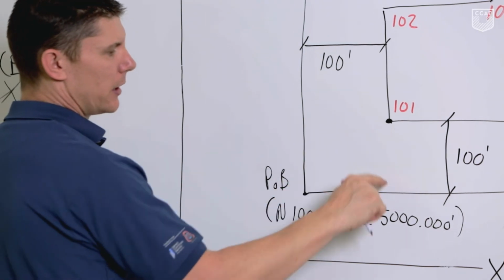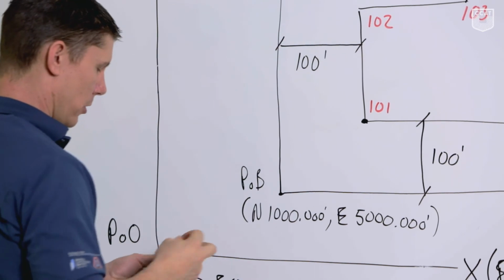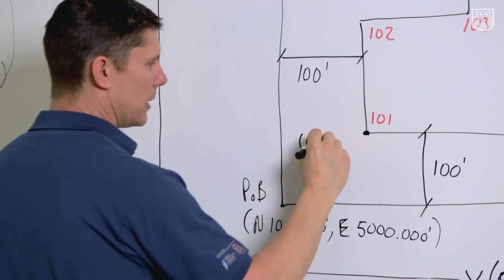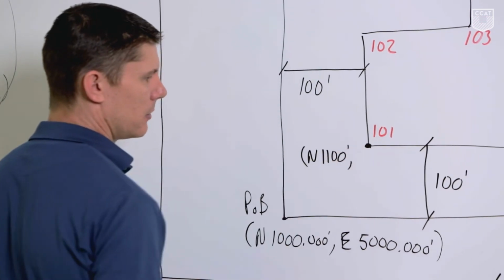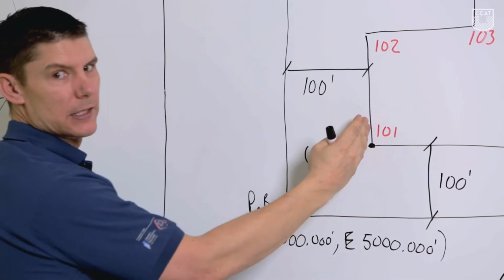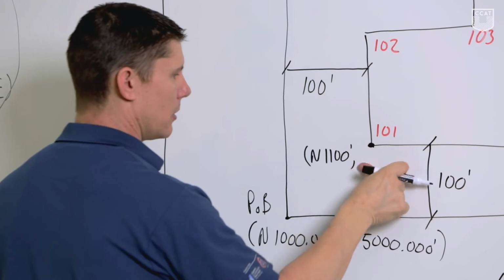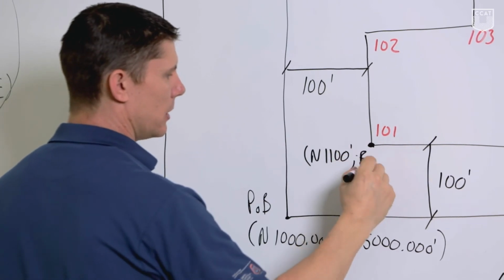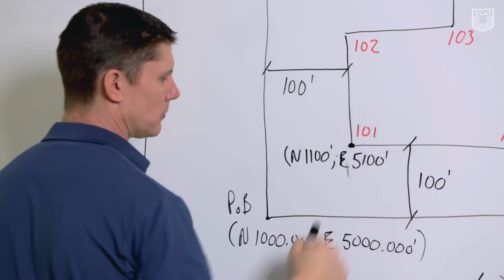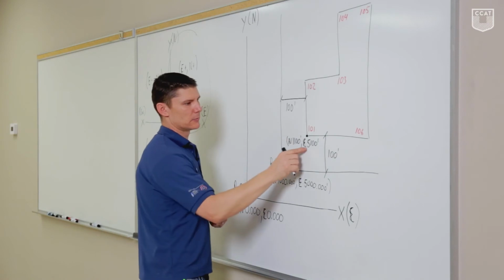To get to this point here, we're coming up off of our x-axis straight up 100 feet. So our northing coordinate would be 1,100 feet. To get our easting, we're going to be coming off our y-axis. We're coming over that same 100 feet. So your easting coordinate would be 5,100 feet. We're just taking that 5,000, which is right here, and adding that 100 to it.